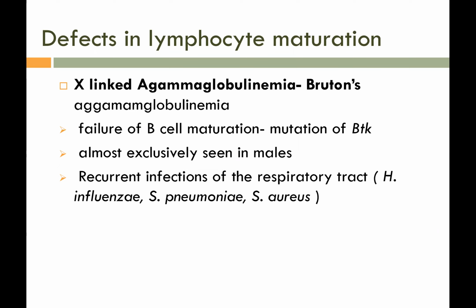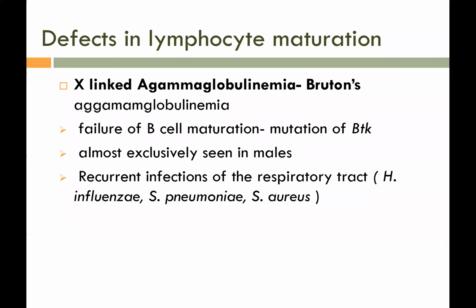When BTK is mutated, the pre-BCR cannot deliver the signals that are needed for light chain rearrangement, and so the maturation is arrested.